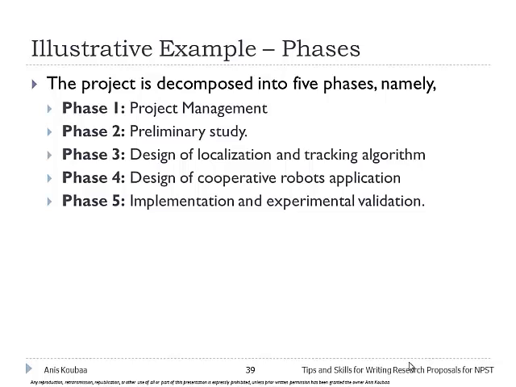You can just focus on technical phases only, like a phase about preliminary study, design of localization algorithms, design of cooperative application, and finally the implementation and experimental validation. You have to specify clear phases that you are going to follow in order to reach your ultimate objective, that is the final output of the project.